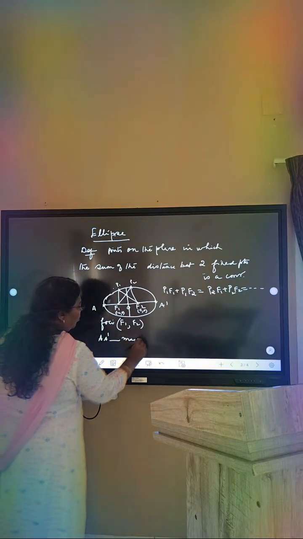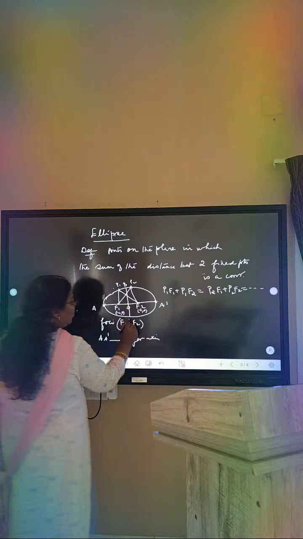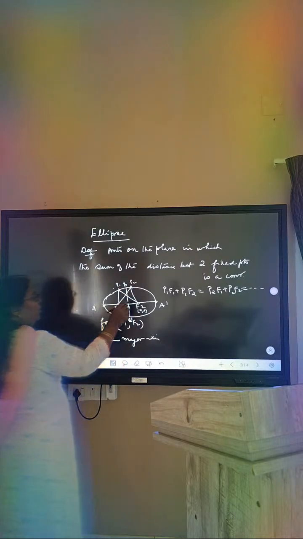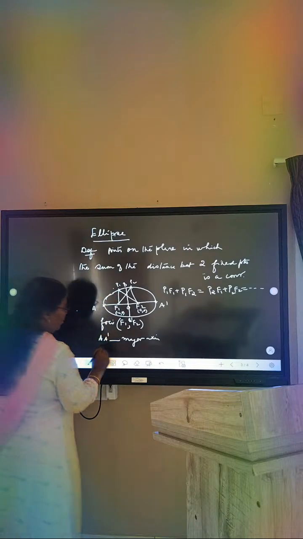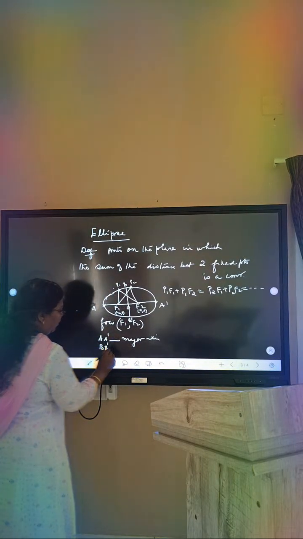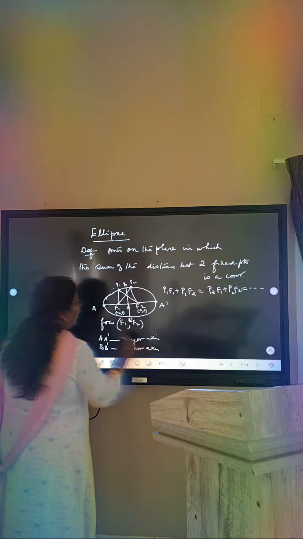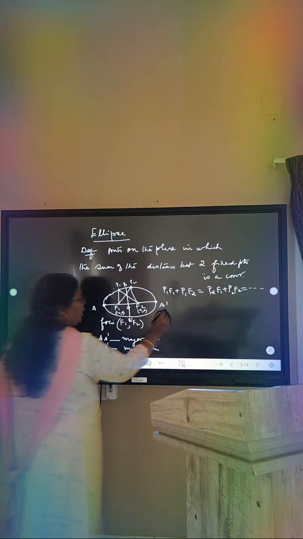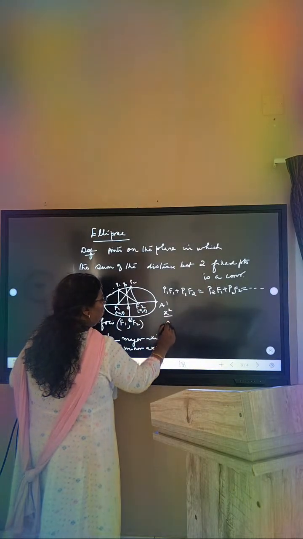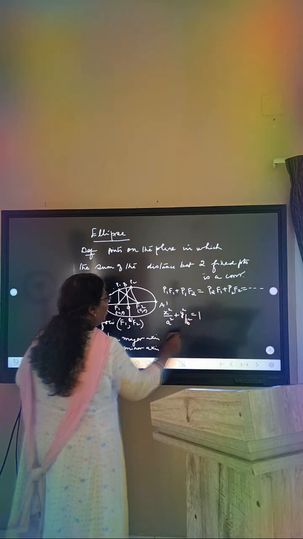This is your major axis, and this BB dash, which is perpendicular to the major axis, is called your minor axis. Generally the equation of the ellipse will be x squared by a squared plus y squared by b squared equals 1.